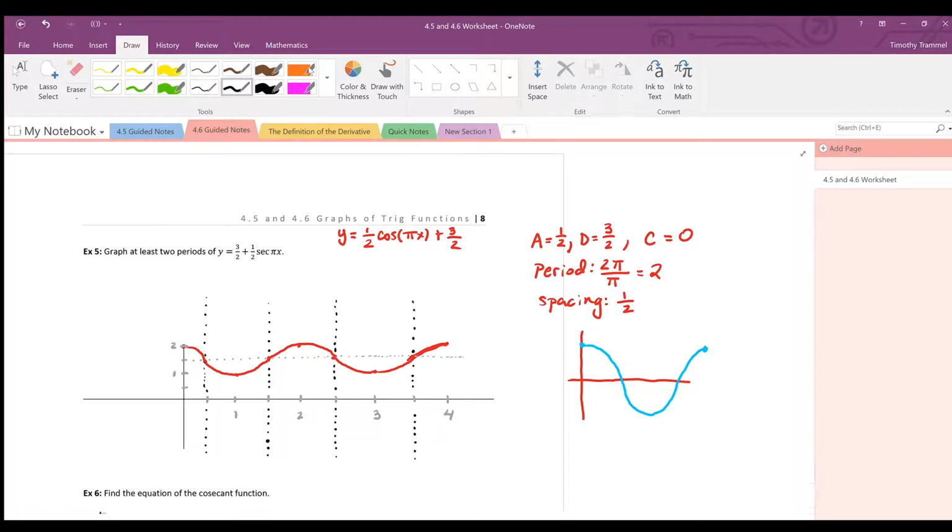All right. And lastly, we're going to copy what we did when we graphed secant and cosecant up above. Just make those U shapes on each of the peaks and valleys.